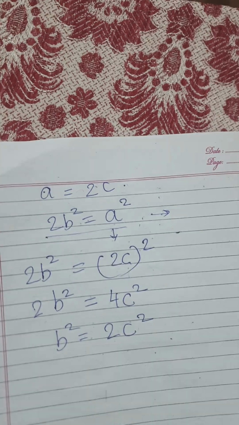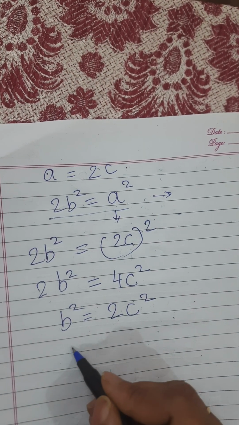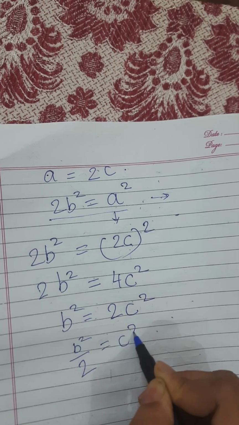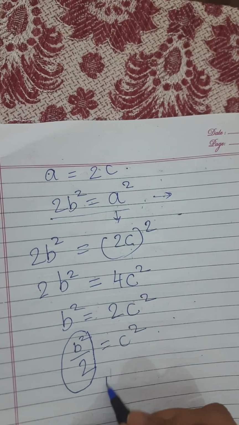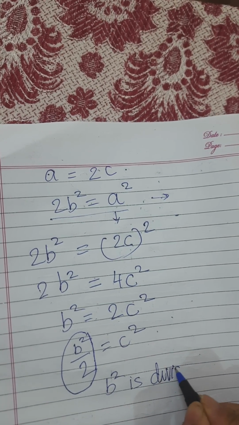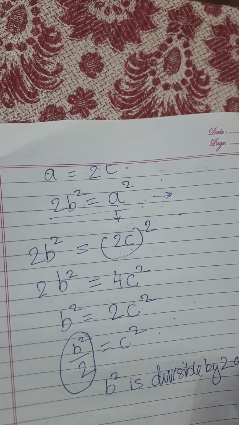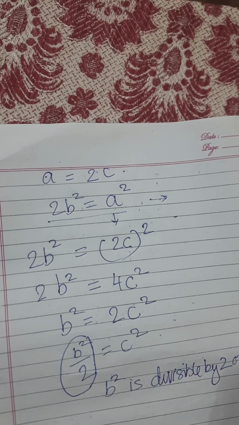Now what does that tell me? That b square by 2 is equal to c square, which means b square is divisible by 2, or 2 divides b square.